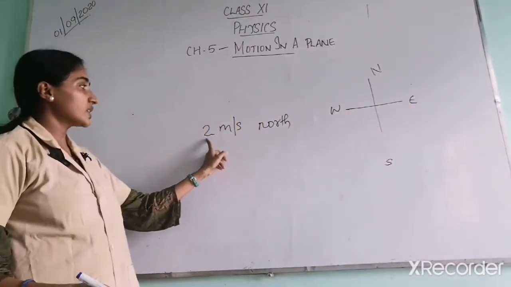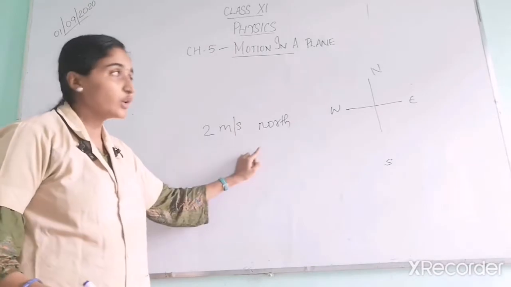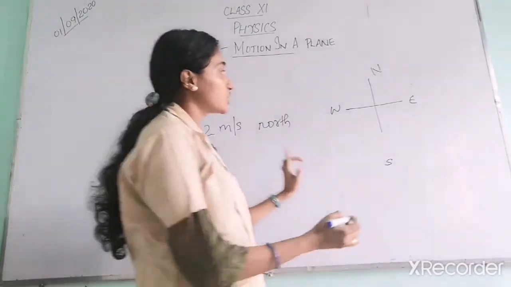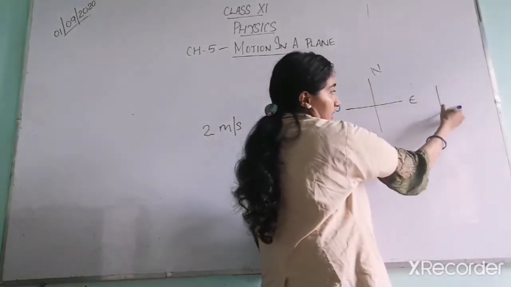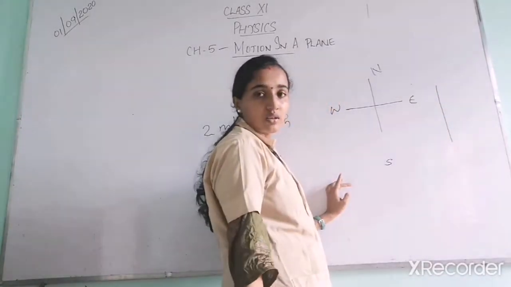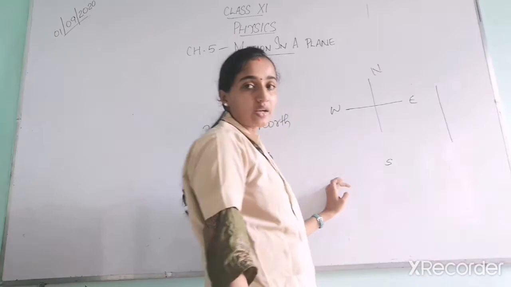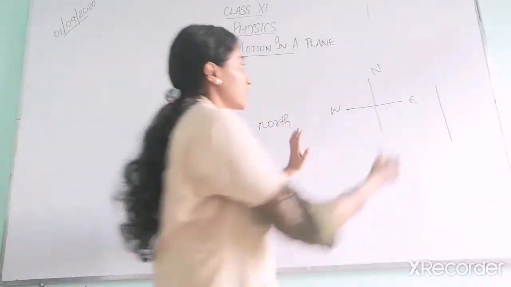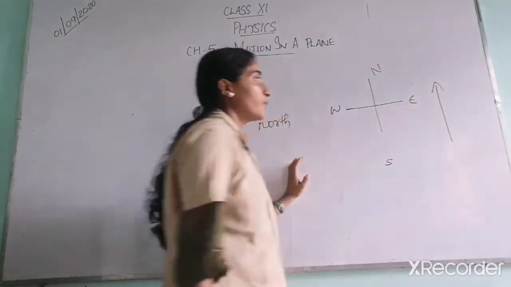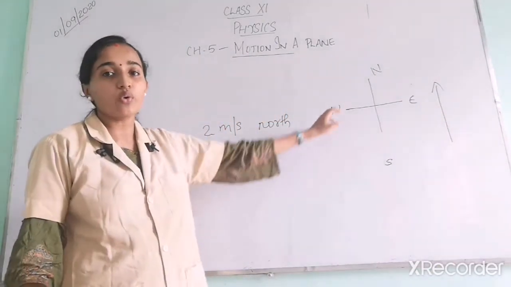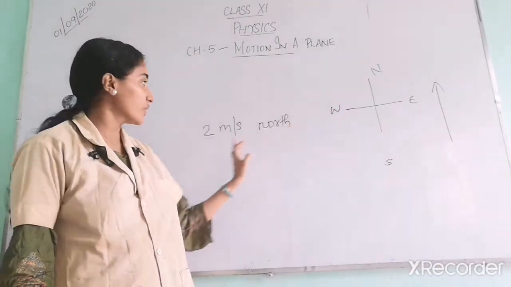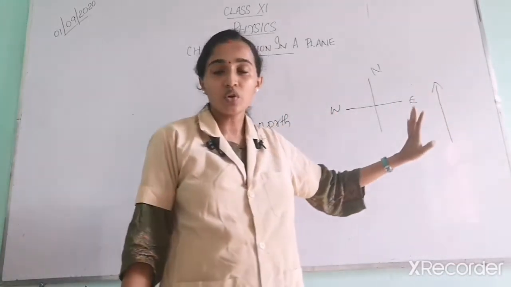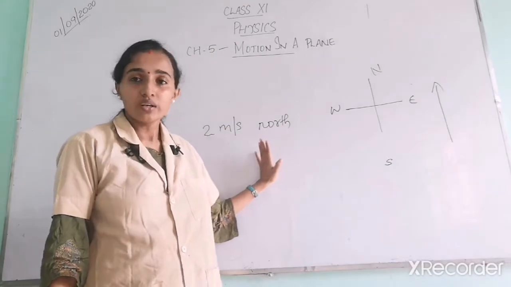What is given? 2 meters per second north. So north will be in this direction, and we have to draw the 2 meters like this. The length will represent the magnitude, and what about the head? The direction. So the head will point upward, to the north. This is how you represent a body moving with 2 meters per second velocity towards north. Got it?